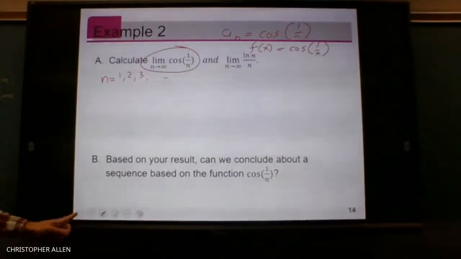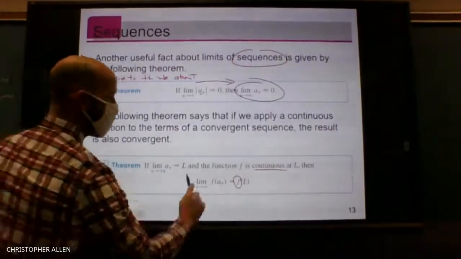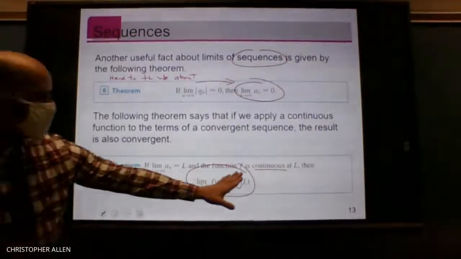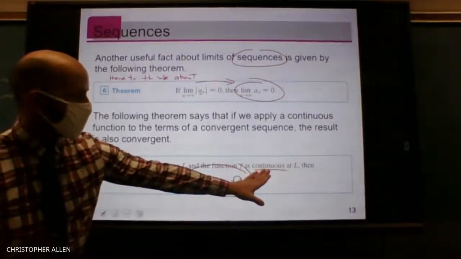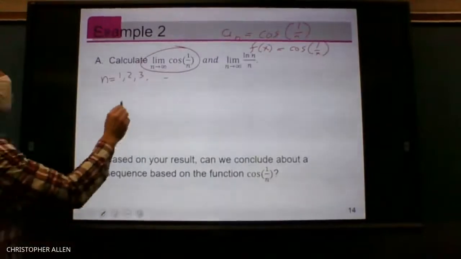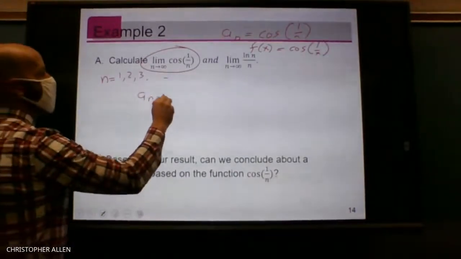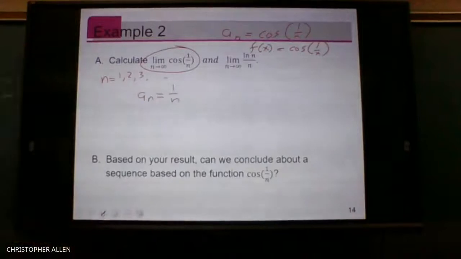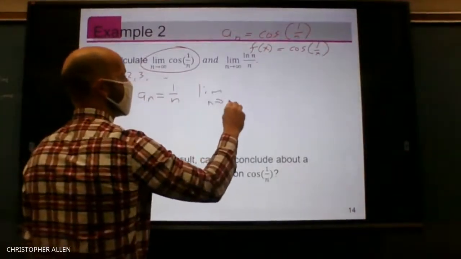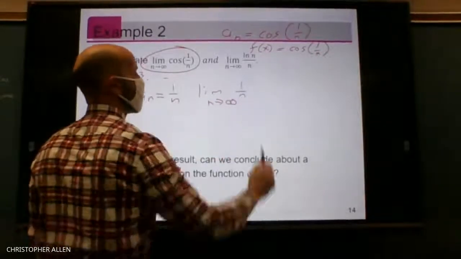So I'm actually going to use this feature right here. Specifically, what I would like to say is this: is it continuous at L? So first of all, let's look at a sub n equals 1 over n. What is the limit as n goes to infinity of 1 over n?